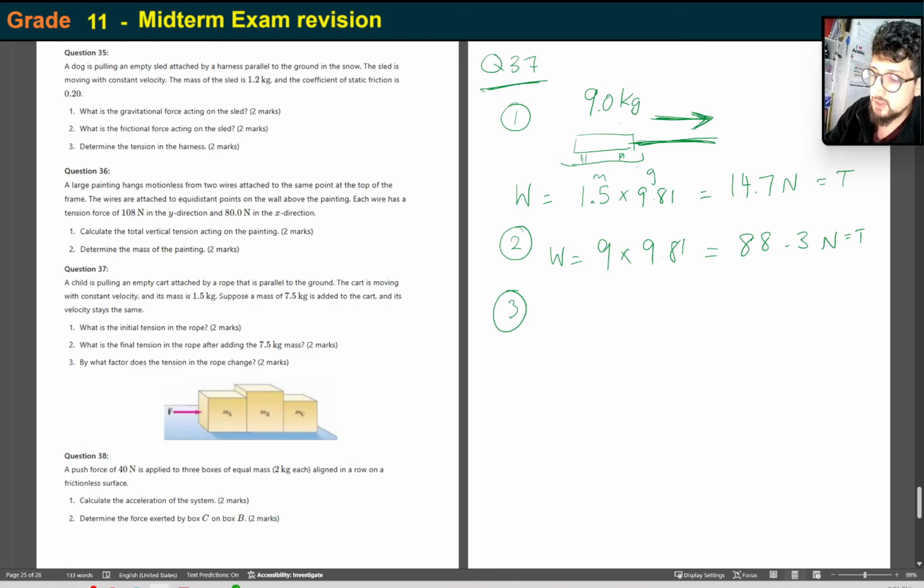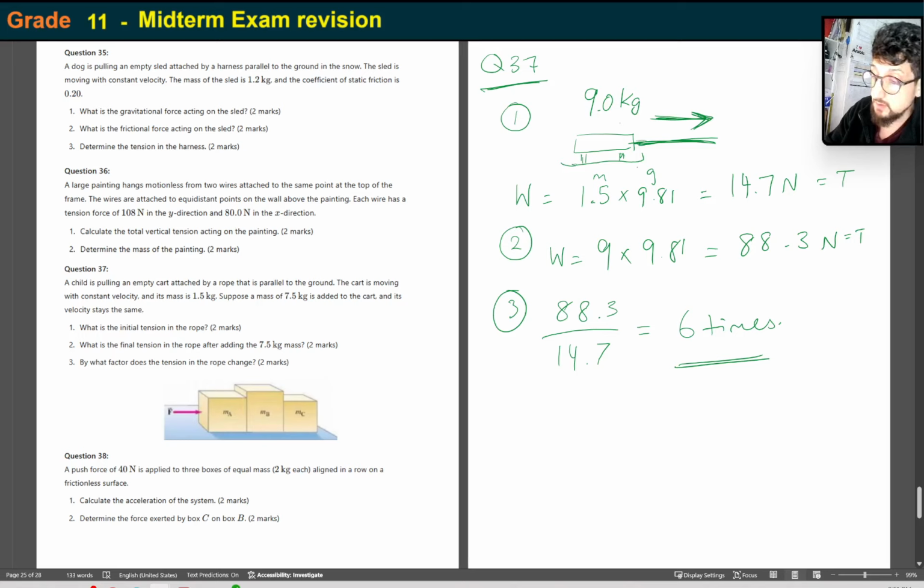So we made the weight 6 times, and therefore, if you notice, we have also made the tension approximately 6 times. So the tension has become 6 times as the result of the mass being 6 times and the weight being 6 times.